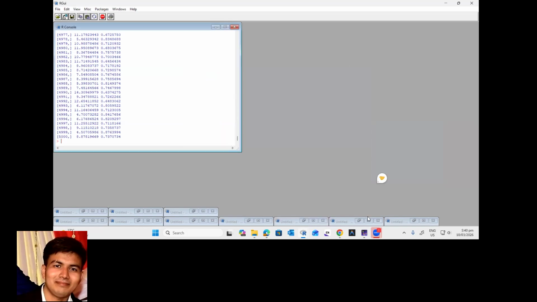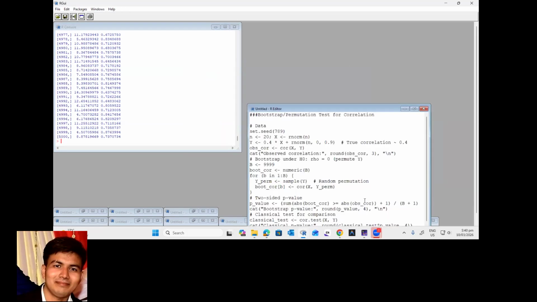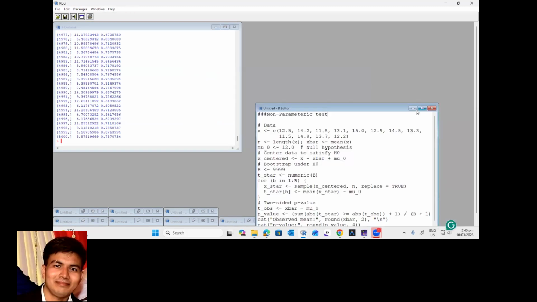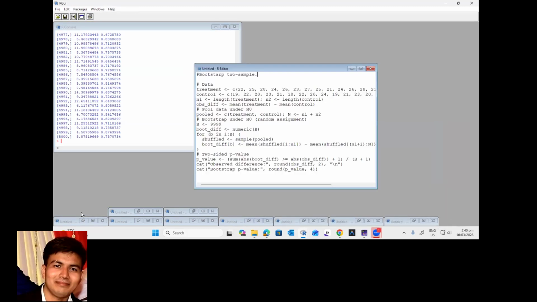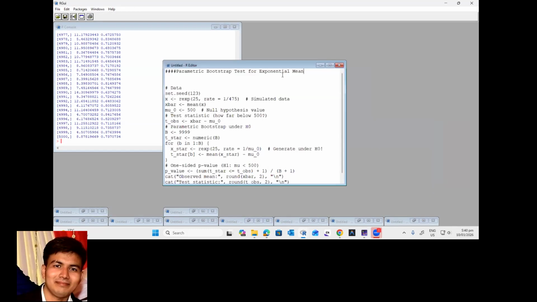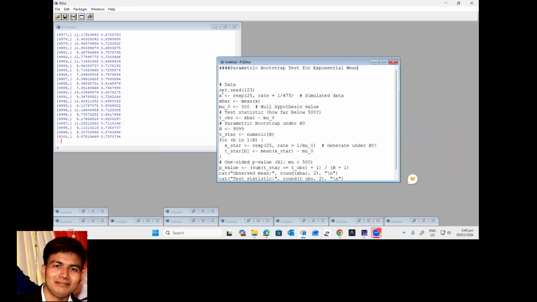Okay, this is bootstrap for two sample, permutation, correlation, non-parametric. Again bootstrap for two sample. So what we are going to do here, in the X, we are going to generate the simulated data.